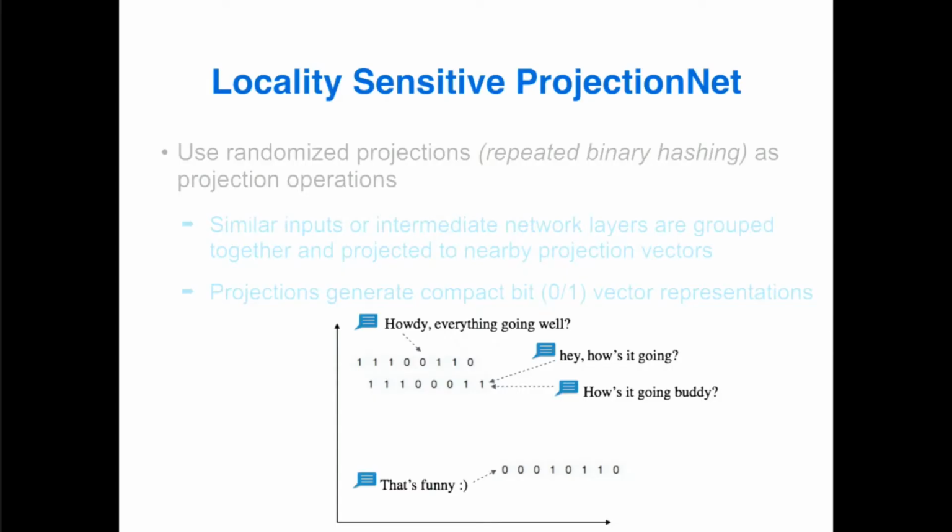In other words, if the angle is wider, then these two after projection will appear very far apart in the projected space. If the angle is closer, they appear very nearby. That's essentially the property that we're exploiting. So similar inputs will be projected into nearby projection vectors. And these vectors are now in bit space. That means you have zeros and ones.